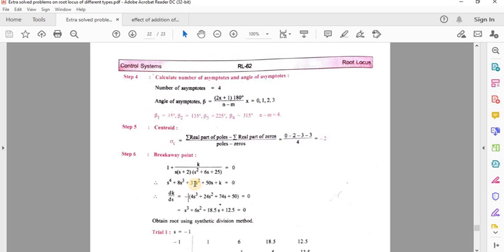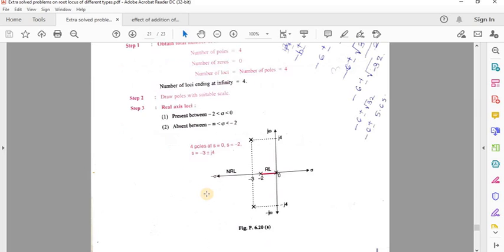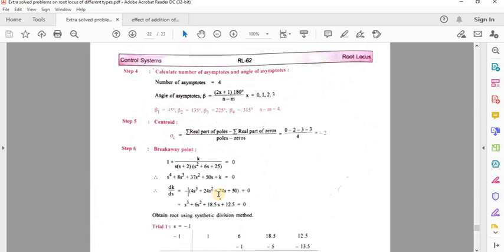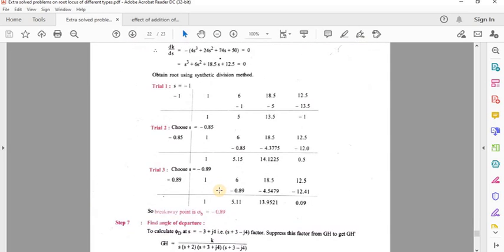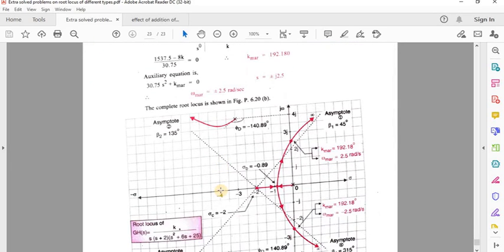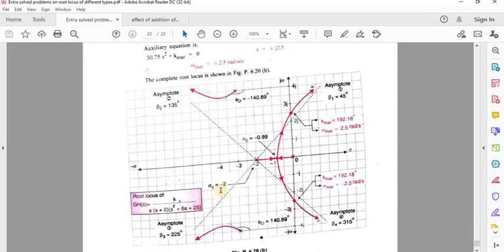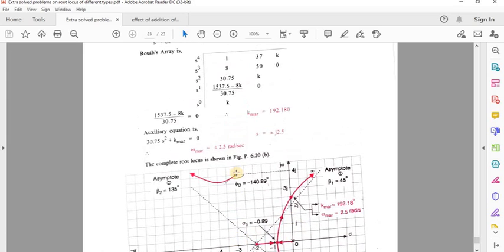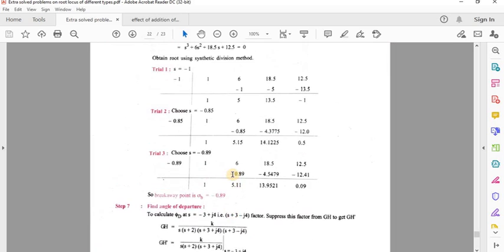The breakaway point is required because it will cross the j omega axis, where k has a plus value.